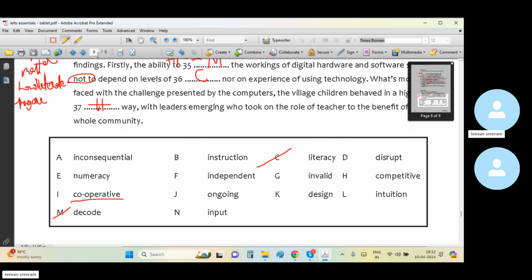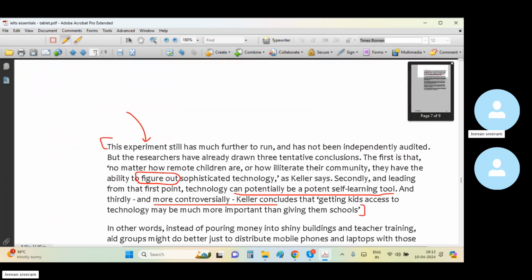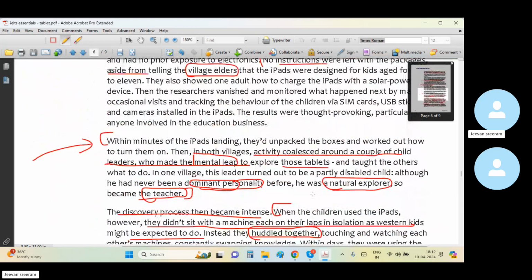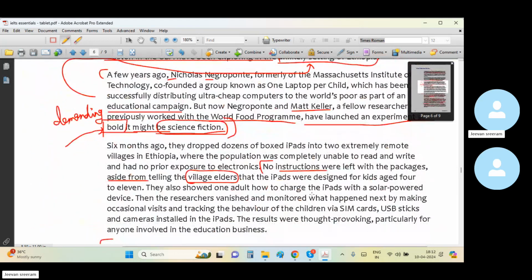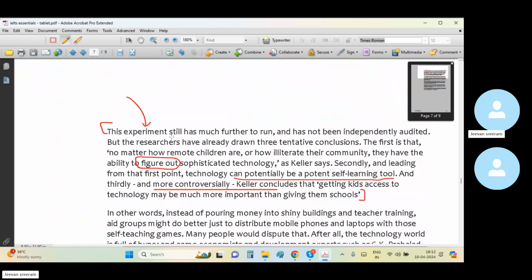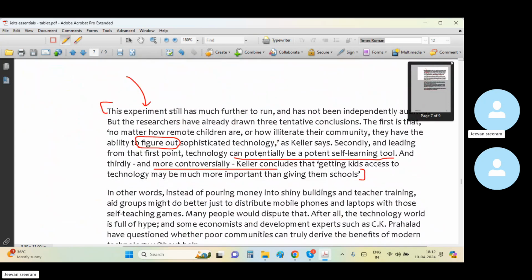There is a statement like it's a self-learning tool. Where will we get answers from this? Okay, so technology can potentially be a potent self-learning tool. Controversially, getting kids access to technology may be much more important than giving them schools.